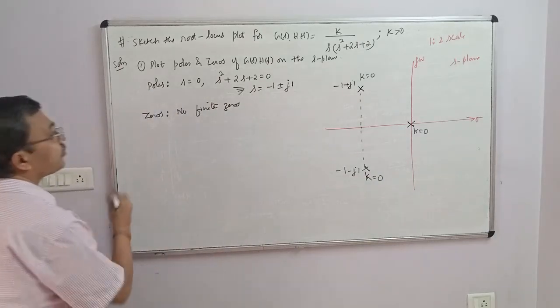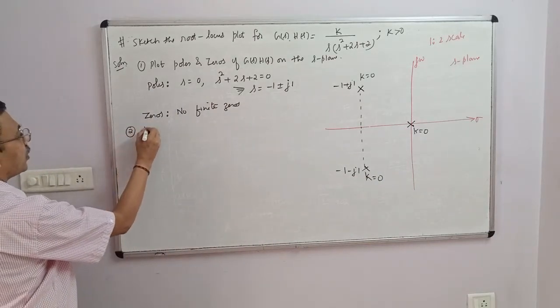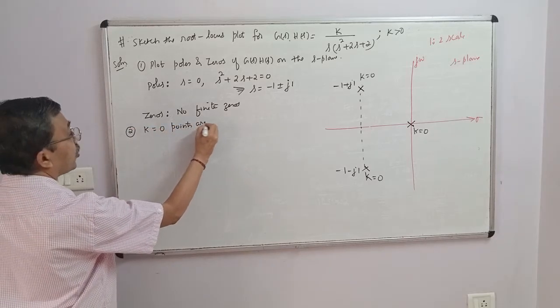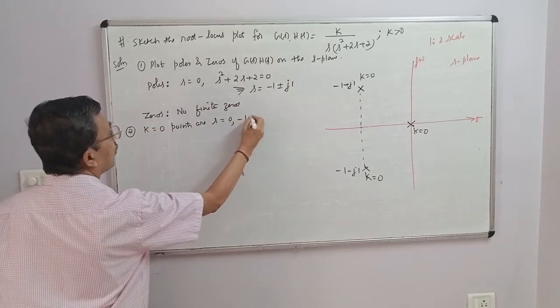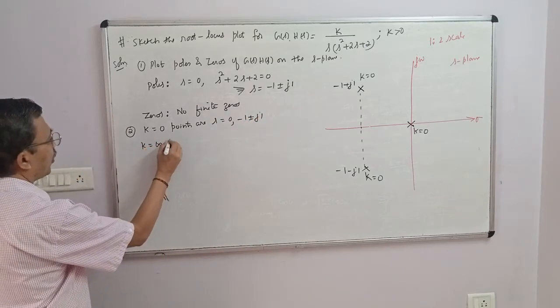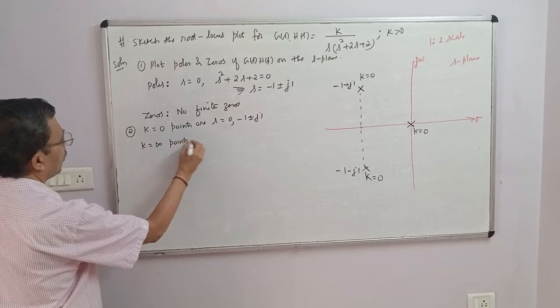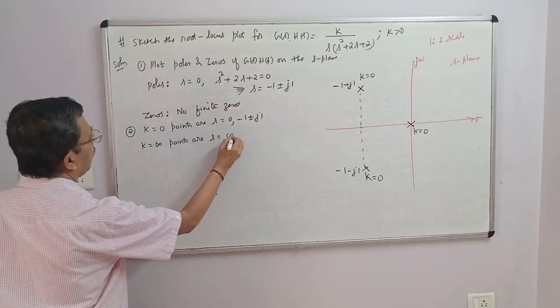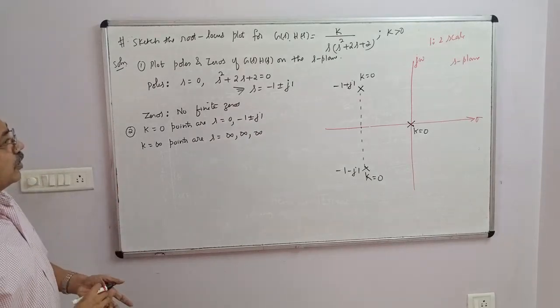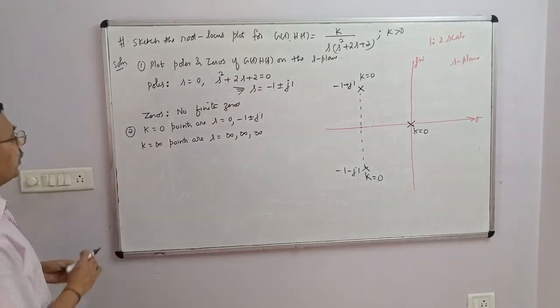Second step. K is equal to 0 points are s is equal to 0, minus 1 plus minus j1. K equal to infinity points are s is equal to infinity, infinity, infinity. There are no finite zeros. Therefore, all the three zeros are at infinity.